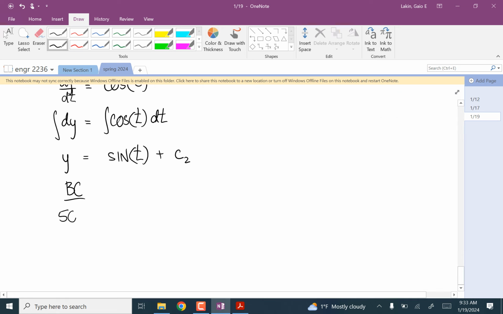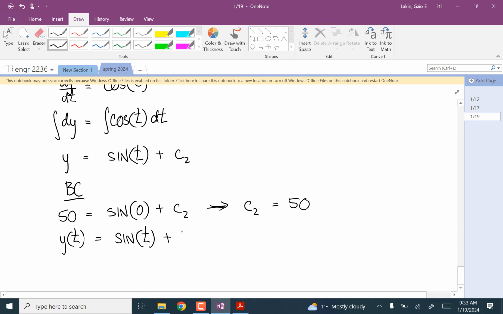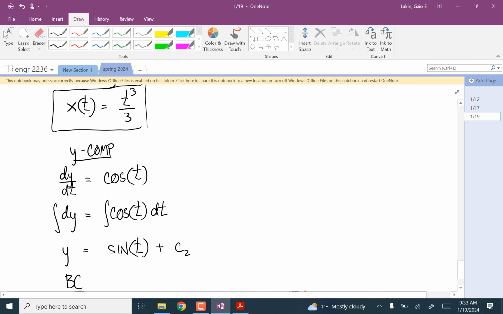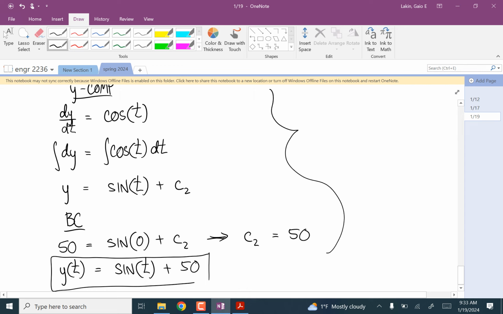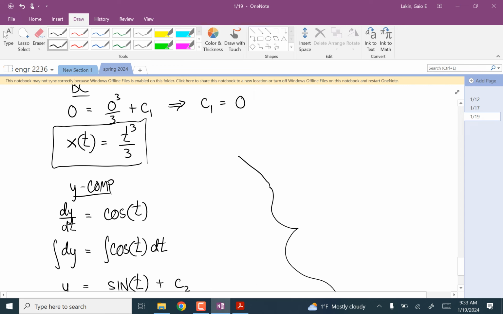So 50 is equal to sine of 0 plus C2. So C2 is equal to 50. And so y as a function of time is equal to sine of t plus 50. And now you can put those two together into a single vector.